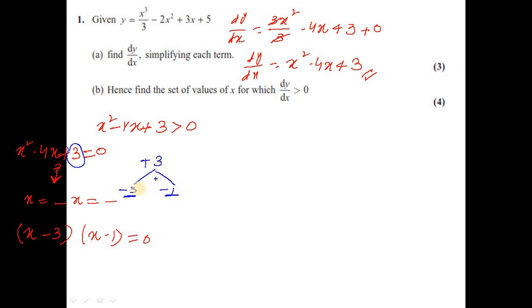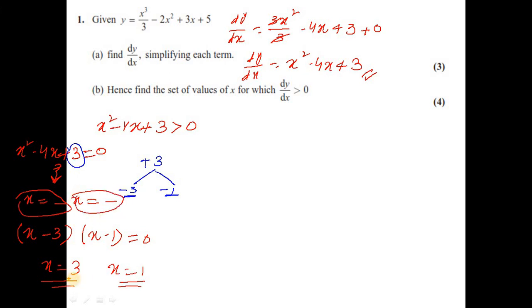The factors of 3 are 3 and 1, and if you add these two, you will get minus 4. That's why I wrote x minus 3 and x minus 1. So now from this equation, x is 3 and x is 1. These are the two values that I was talking about. We need to find two values of x.